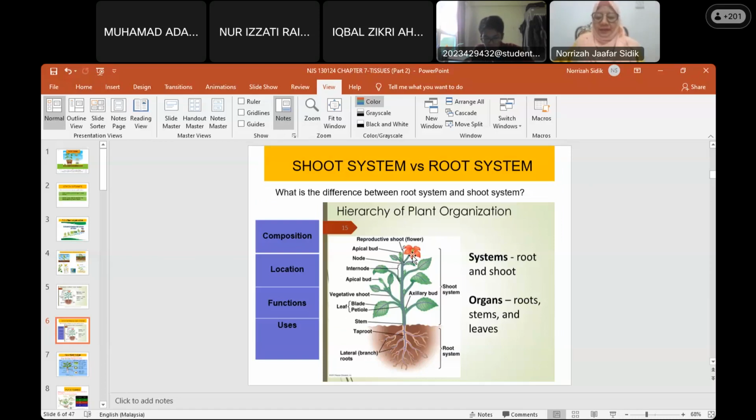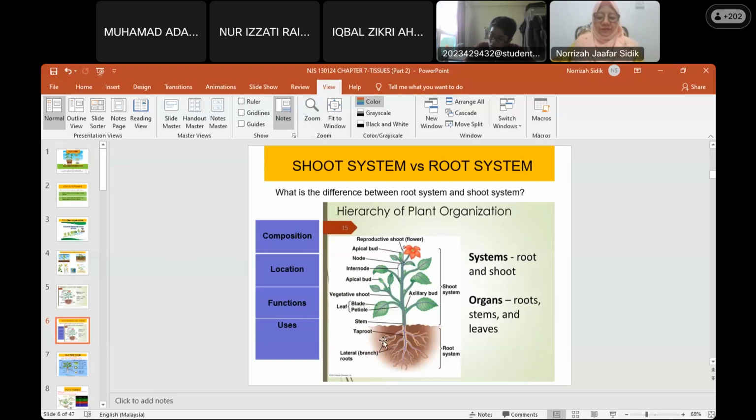Whereas the shoot system consists of the leaf, flower, stems, and others. In terms of location, the roots are under the ground level, inside the soil, whereas the shoots are above the ground level.